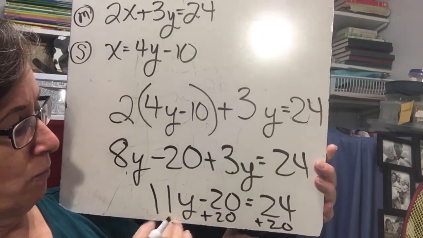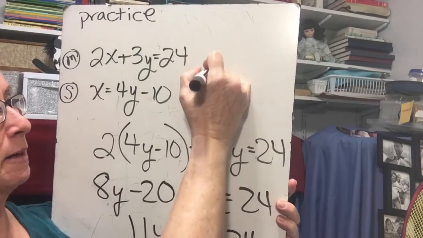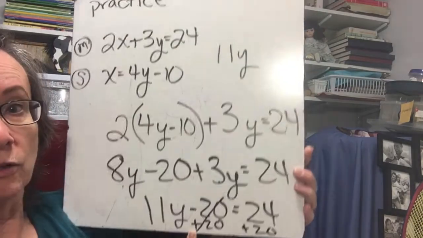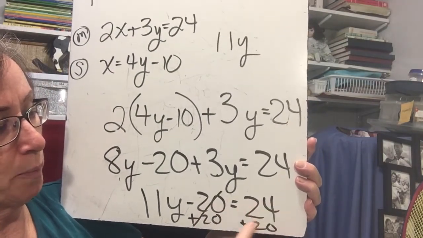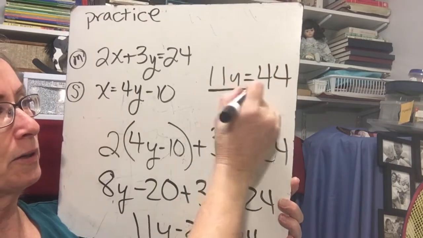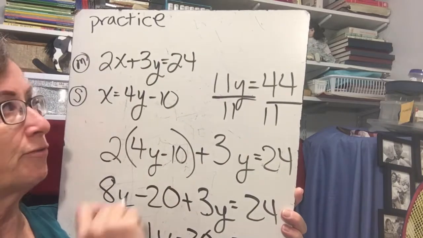So 11y, the 20 cancels the 20. 24 plus 20 is 44. So I'm going to divide by 11 and divide by 11, and I get y equals 4.